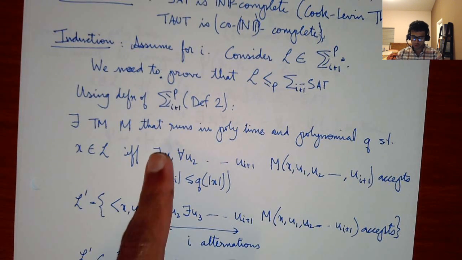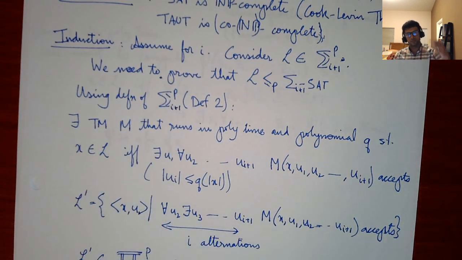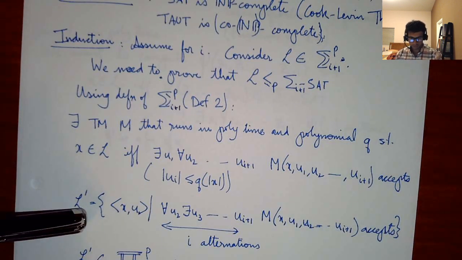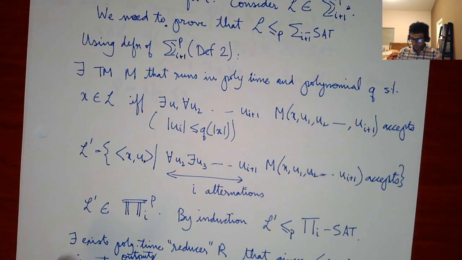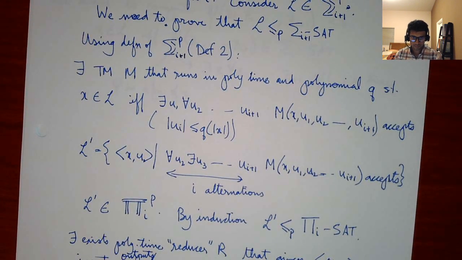So I just took this existential and shifted it and made it part of the language. So I get a new language, but there are only I alternations here. This language L prime is in pi I. Now I can use induction. I can say L prime is reducible to pi I sat.